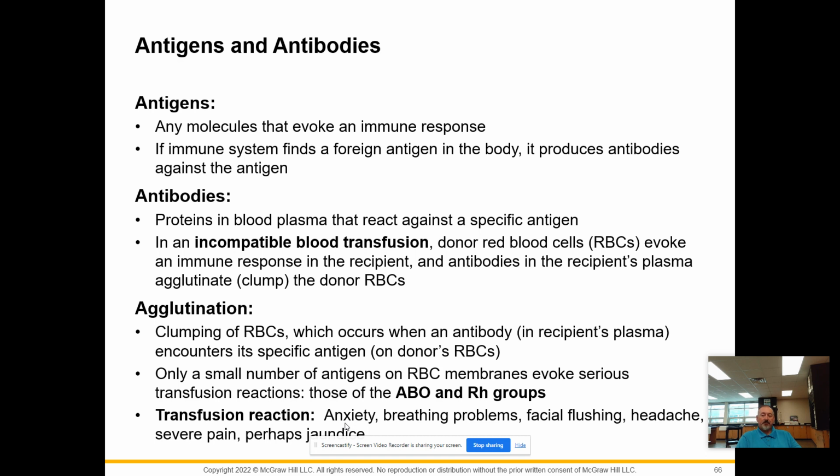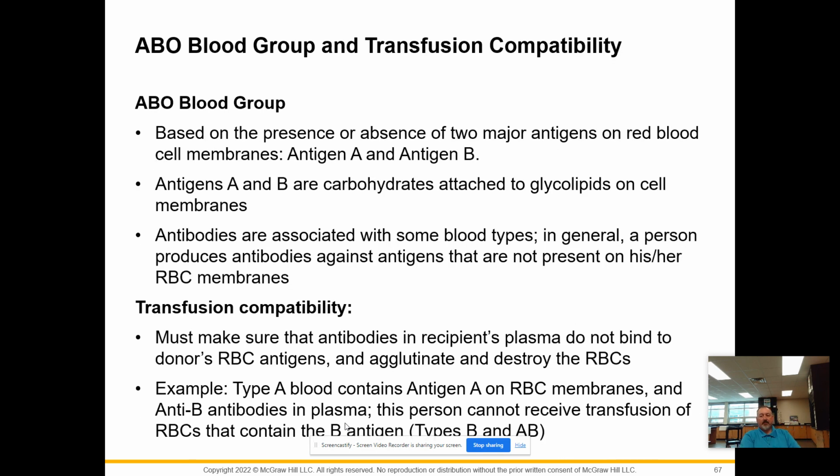Agglutination is the clumping of the red blood cells, due to the antibodies for that other type being present. The symptoms of agglutination are anxiety, breathing problems, facial flushing, headache, severe pain, and perhaps even jaundice. Once again, it can be lethal.